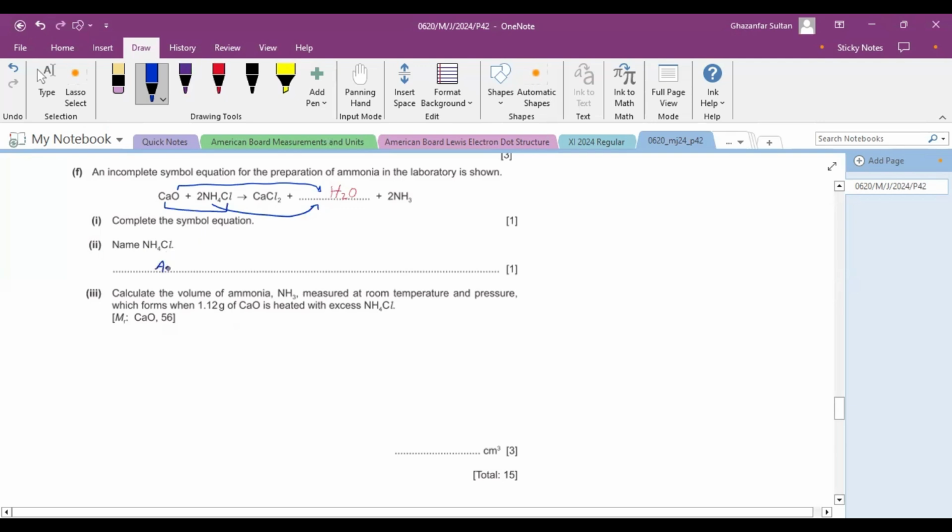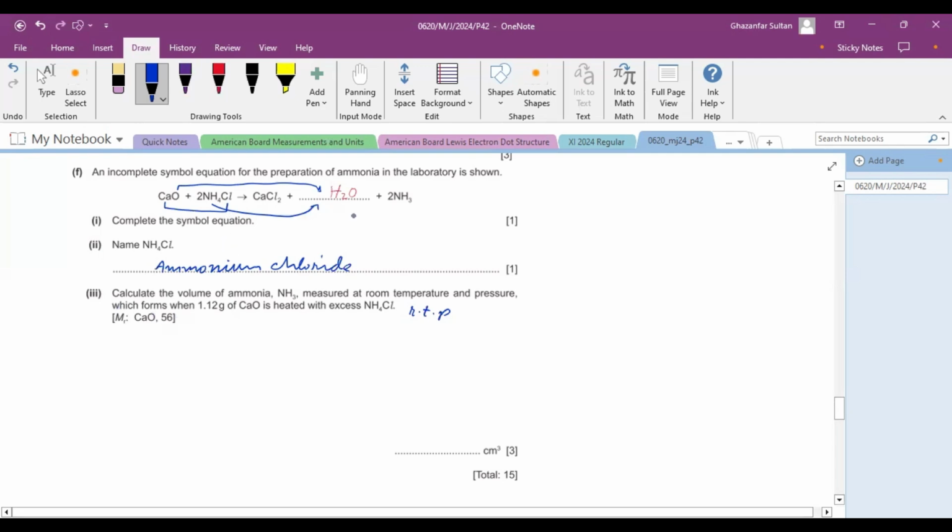So the name is ammonium chloride. And now calculate the volume of ammonia measured at room temperature, RTP, which forms when 1.12 gram of calcium oxide is heated with excess of ammonium chloride.